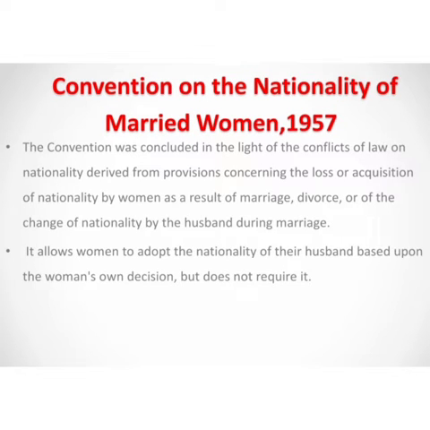Then there is one more convention which regulates the grant of nationality, particularly for women. They are given double nationality because they may marry in some other country. They give birth in one country, but because of marriage they may go to some other country.